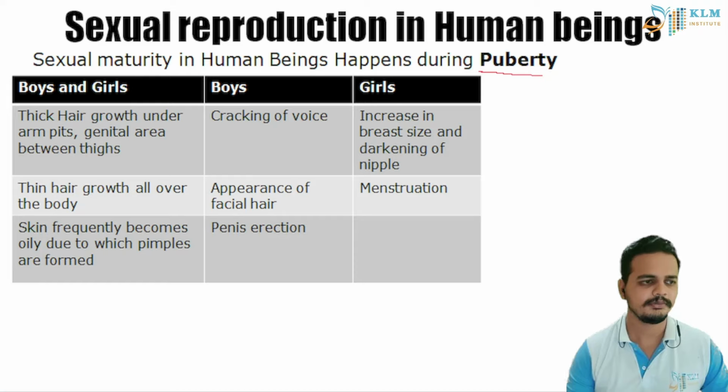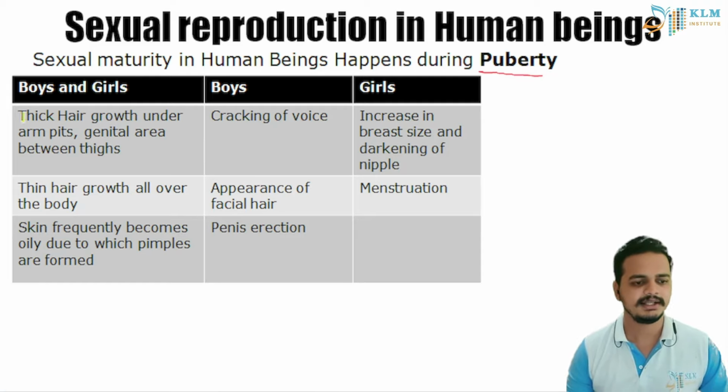Some changes are similar in males and females, that is boys and girls show the same change. There is thick hair growth under the armpits and the genital area, that is between the thighs. So both boys and girls can recognize this change. And thin hair growth all over the body, on your arms, on your face, also some parts of your legs.